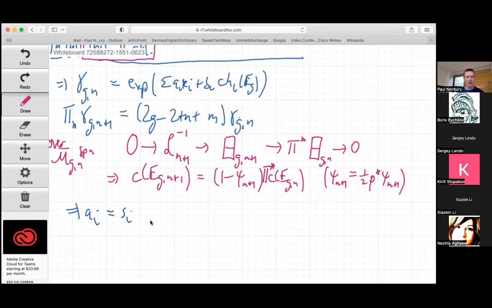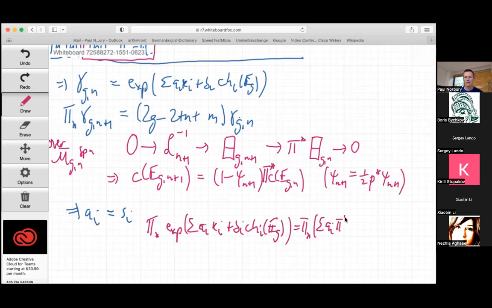If I take the push forward of exp of the sum of AI kappa I plus B I, which I sometimes write as E g n, well, this is equal to, remember the trick, we take this as the pullback of kappa I plus psi n plus 1 to the I, plus these guys are already satisfied.